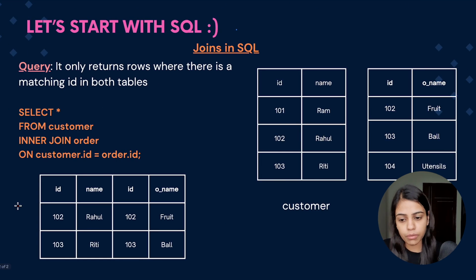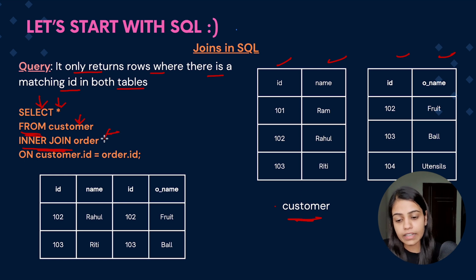So let's see from an example. So this is the query which returns the rows where there is a matching ID in both the tables. So what it will do, it will give select and then it will provide star. So it will get all the columns which are present in both of these tables, and then we will provide from, and then we will provide the table 1 name, that is customer, and then we will perform this inner join, and then we'll provide the table 2 name, that is order, and then we'll provide on which particular columns these values need to be inner joined.